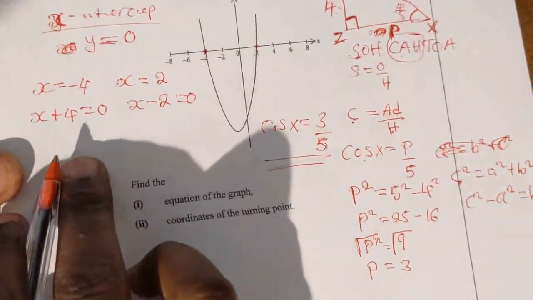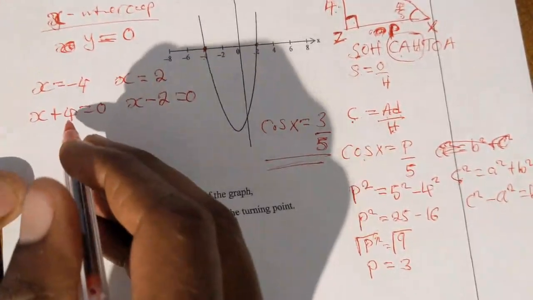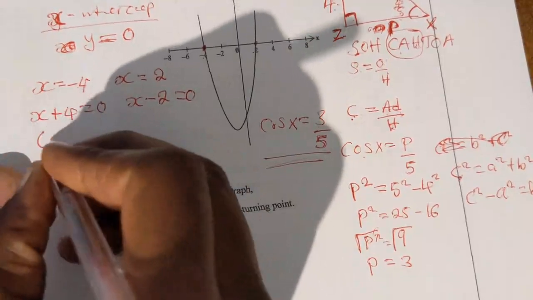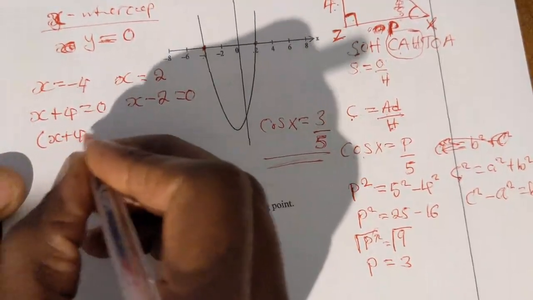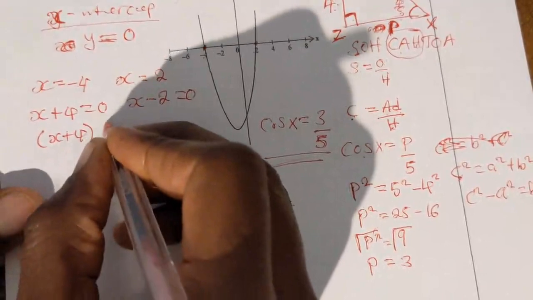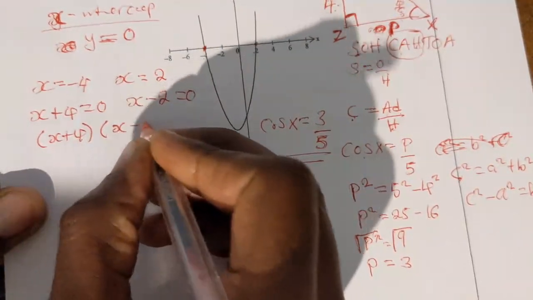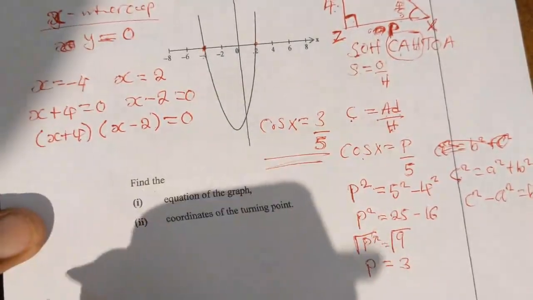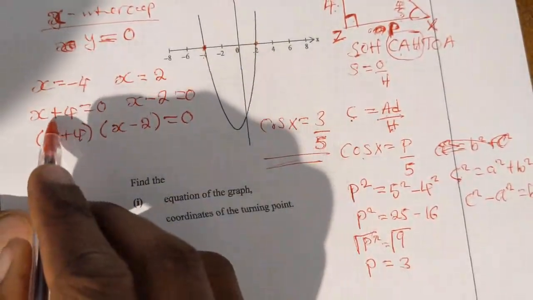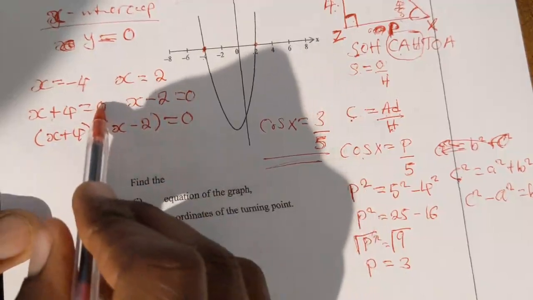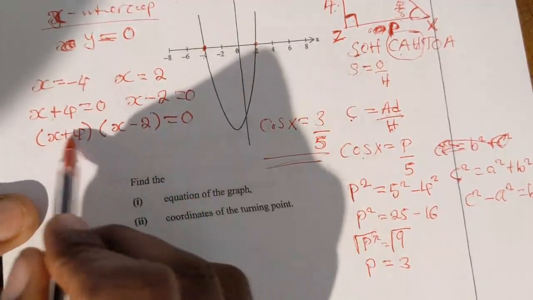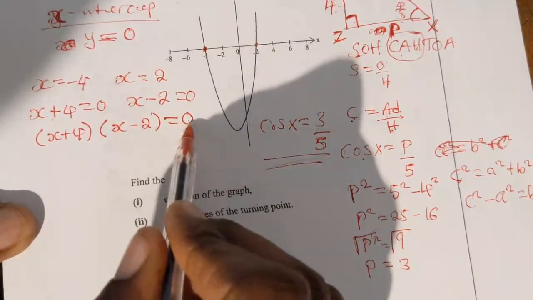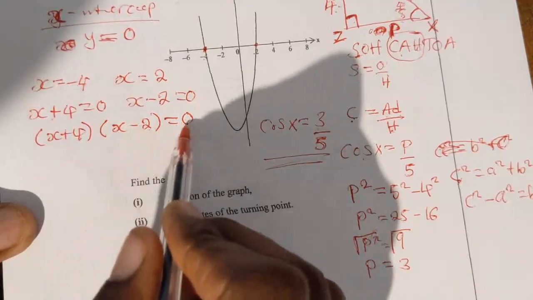So you write them like this: x plus 4, you put them under a bracket, multiplied by x minus 2 is equal to 0. This is just one and the same as this. So when you want to find the values of x, you say x plus 4 is equal to 0, or x minus 2 is equal to 0.